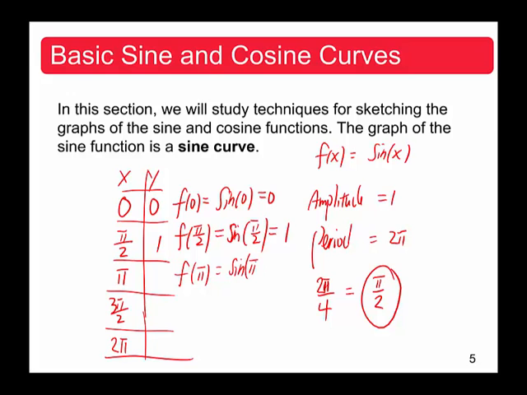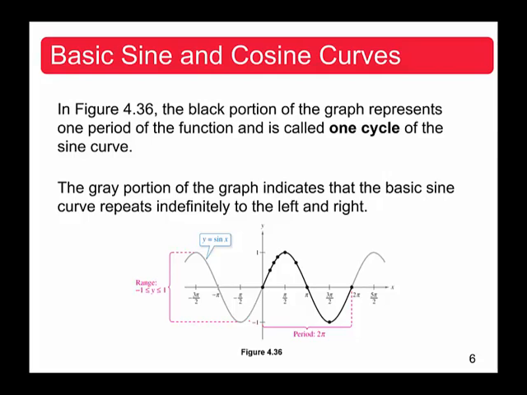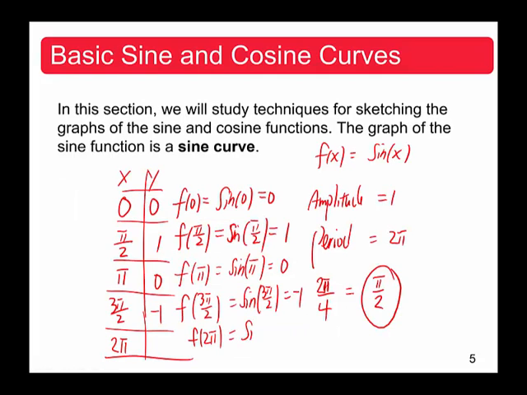Sine pi, sine 180 degrees, equals 0. Turn back to 0 again, and then f of 3 pi over 2, sine of 270 degrees, equals -1. And then eventually f of 2 pi. Sine 2 pi is the same thing as sine 0, because it's adding one revolution or one cycle, so it equals 0.